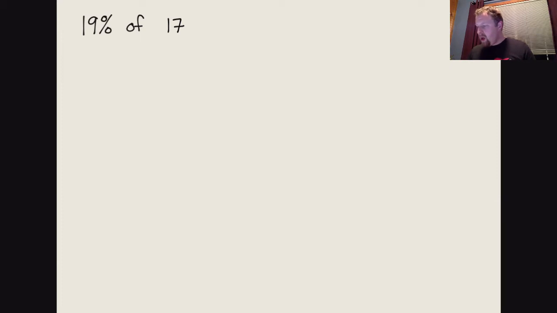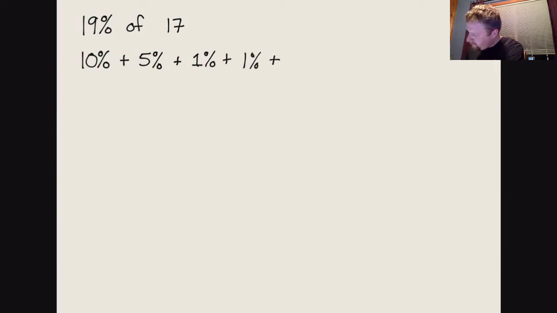Okay. Well, there's really two approaches to this problem. First of all, I could say something along the lines of, well, 19% is really the same thing as 10% plus 5% plus 1% plus 1% plus 1% plus 1%.